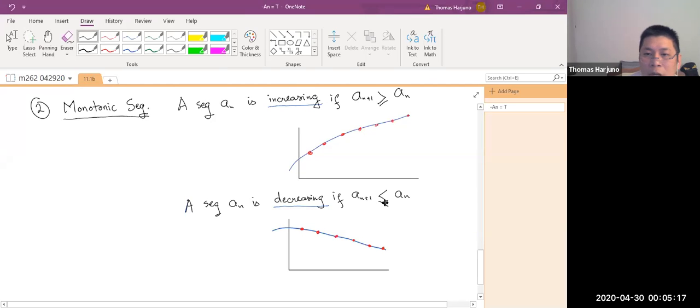Why do I mention that? Now, consider the following sequence, just as an example, you don't need to write this down: 1, 1, 2, 2, 2, 3, 3, 3, 3, and so on. Is this sequence increasing?